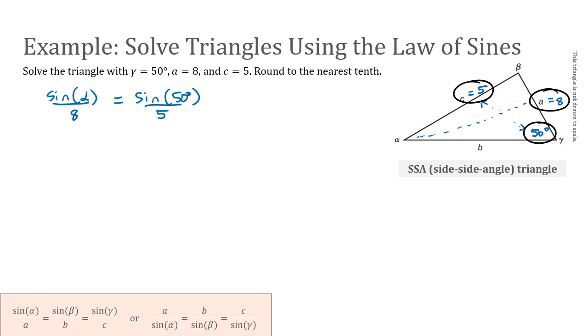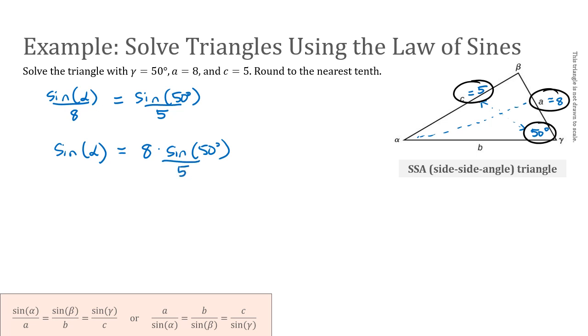I'm going to multiply both sides by 8. I get that the sine of alpha is equal to 8 times the sine of 50 degrees all over 5.